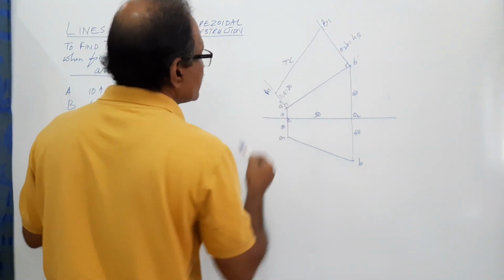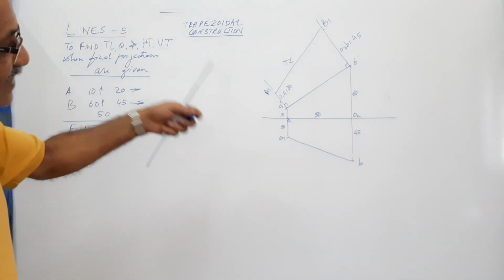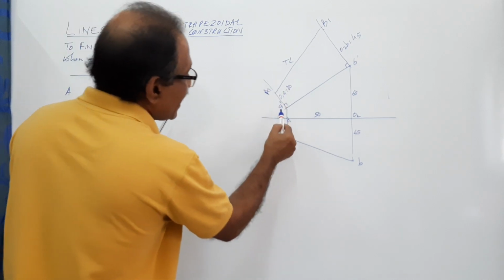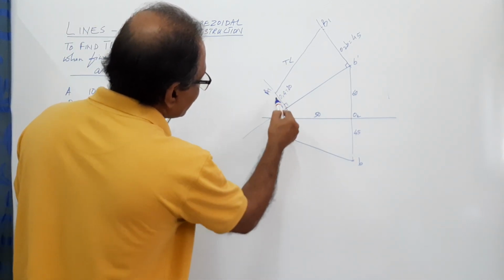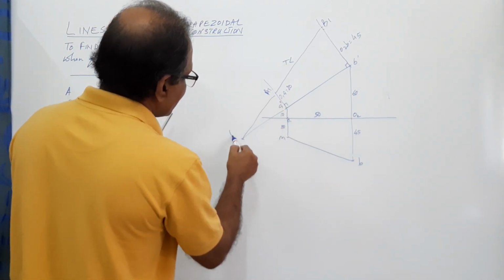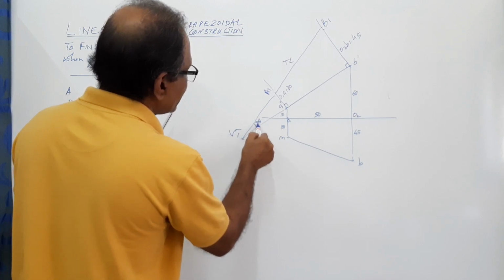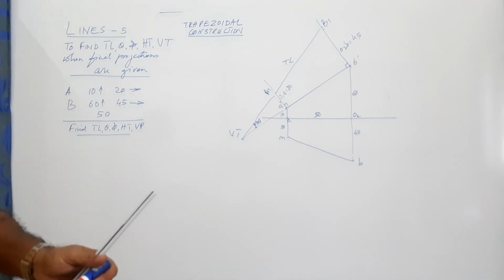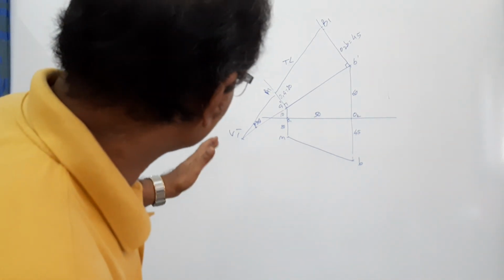This is true length. Interestingly, that length is true length, and this is constructed on the elevation. They meet at VT, and the included angle is phi. Does it look straight? Okay, assume they are straight.